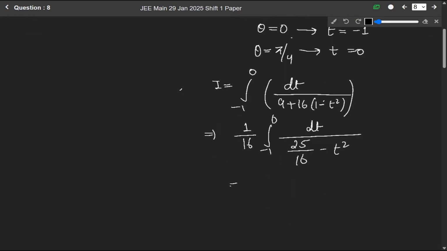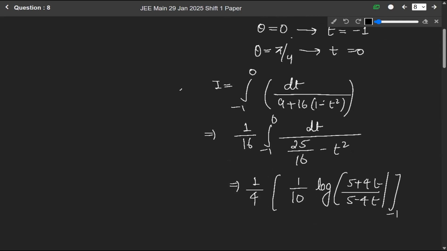So it will be equal to 1 over 4 and 1 over 10. Now taking log, this will be log of (5 plus 4t) over (5 minus 4t), and the limit is from minus 1 to 0.